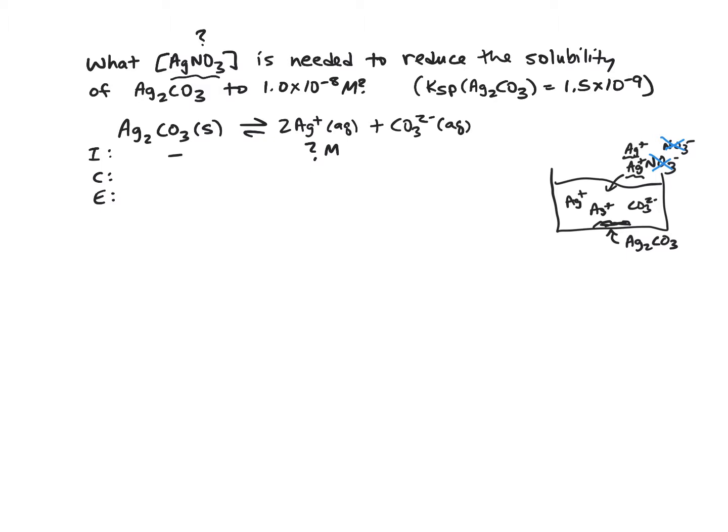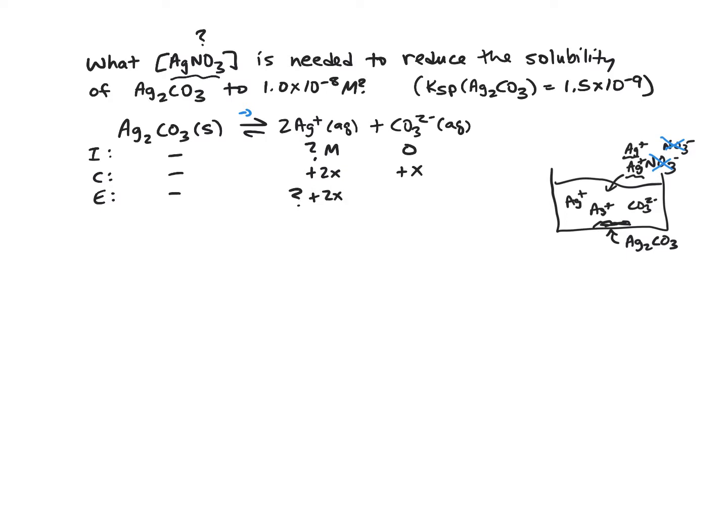And we're going to pretend that none of the silver carbonate has dissolved yet. And then for it to dissolve, the reaction will go to the right a little bit, and that means that the silver ion concentration will go up by 2x, and the carbonate concentration will go up by x. And then at equilibrium, we have whatever the concentration is of silver ion in the silver nitrate, plus 2x.